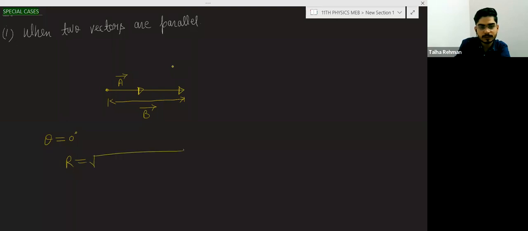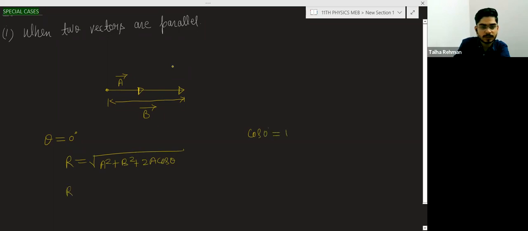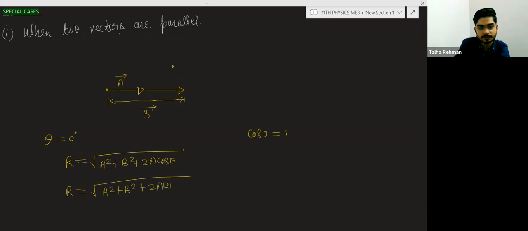We'll apply this formula: root of a square plus b square plus 2ab cos theta. And remember the value of cos 0. Cos 0 degree is equal to 1. So your resultant will be a square plus b square plus 2ab cos 0.